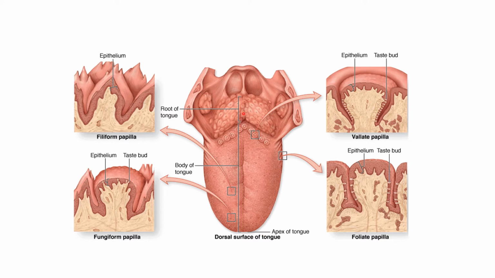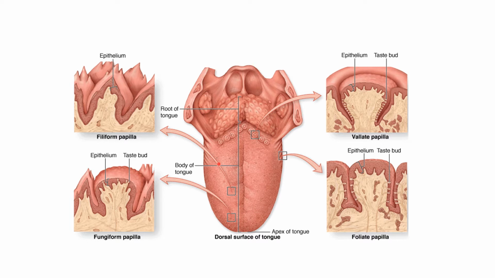And there is a ventral surface. The dorsal surface is rough, while the ventral surface is smooth. It is rough because of the presence of the papillae on the dorsal surface. We have the filiform papilla, the fungiform papilla, the foliate papilla and the vallate papilla. Their position: the filiform papillae are present along the sulcus terminalis.